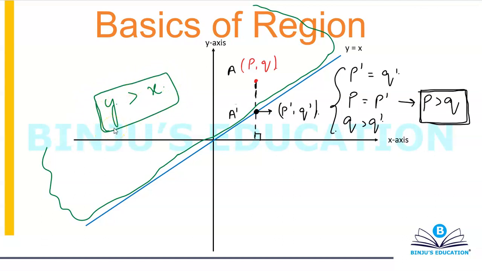Take any point that lies above the line y is equal to x. For any such point, its y coordinate will always be greater than its x coordinate. This is the graphical interpretation of y greater than x.